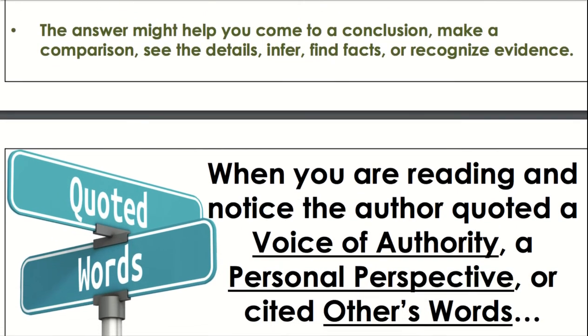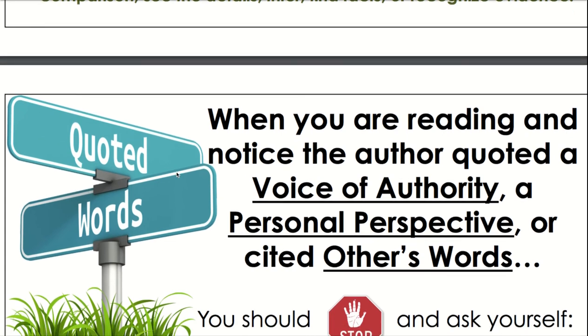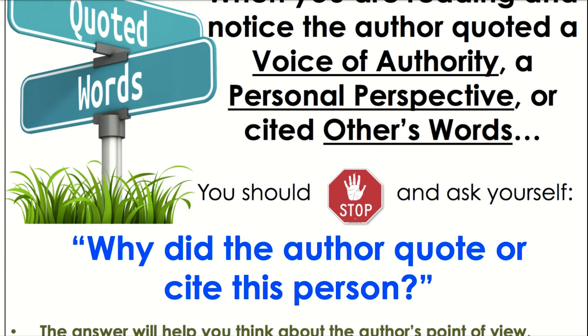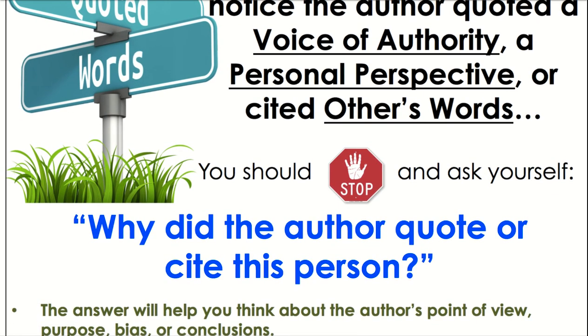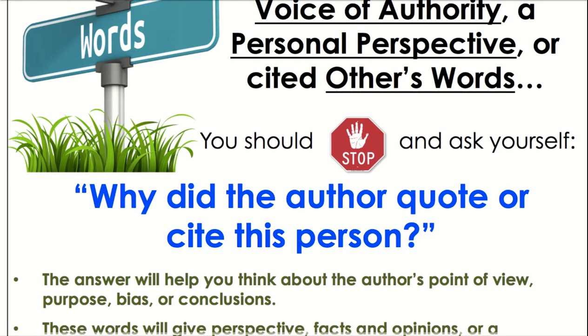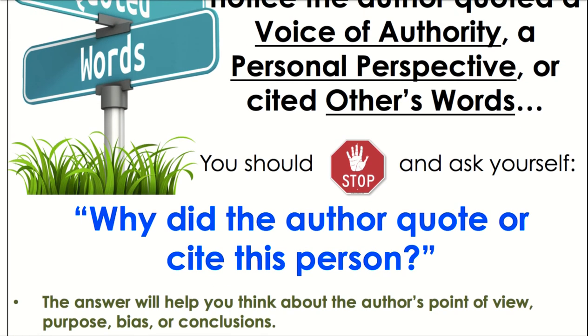When you're reading and you notice the author quoted a voice of authority, a personal perspective, or cited others' words, stop and ask yourself, why did the author quote or cite this person? This will help you think about the author's point of view, their purpose, their bias, or conclusions. So, are they trying to get you to think another way?